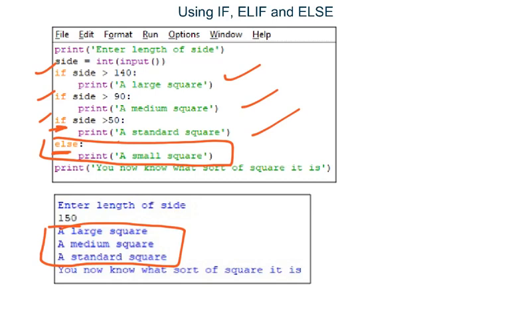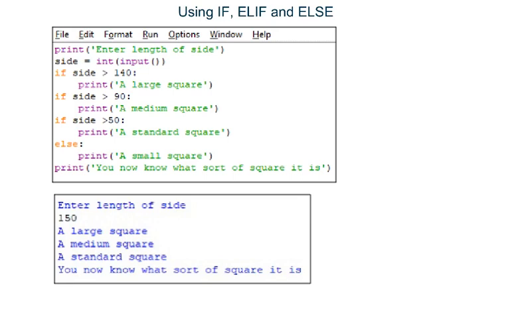The if has happened, so the else doesn't happen. Of course, we always output this line of code at the end because it is not indented. If you only want one of your options to happen, you need to use if followed by elif followed by elif, not if followed by if followed by if.